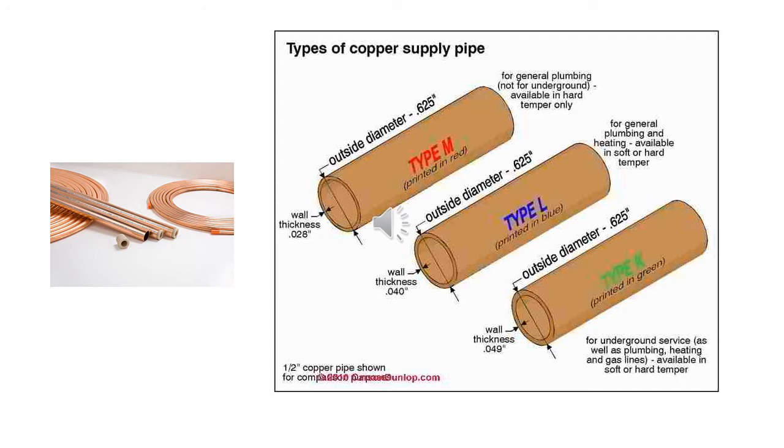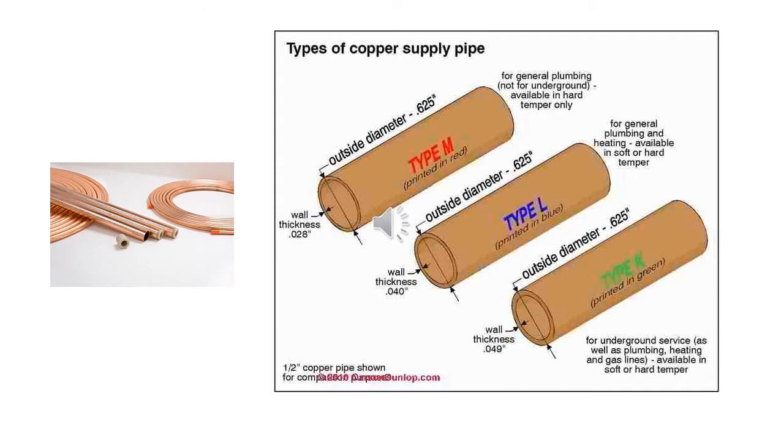Type K ½ inch, type L ½ inch, and 5/8 inch ACR all have the same outside diameter of 5/8 inch. Types K, L, M, ACR, and DWV must be marked to show pipe type.